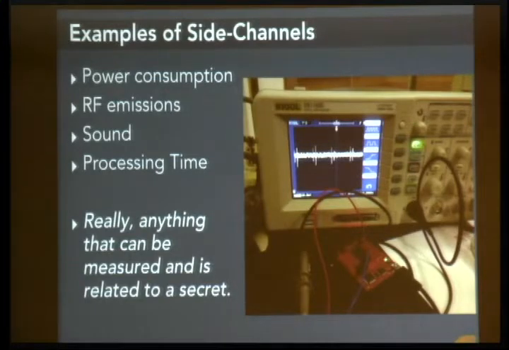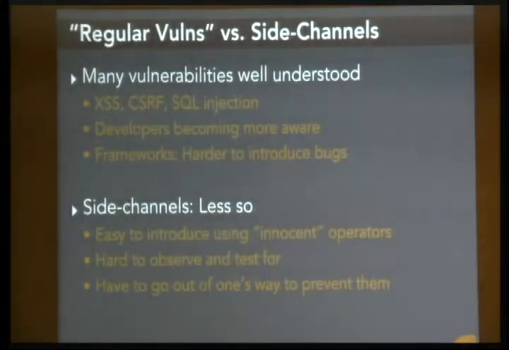So in our setting for time, depending on what data is being used or what the system does, it may take a longer or a shorter time to respond to a certain input. If you compare this to regular vulnerabilities, cross-site scripting, buffer overflows, things like that, these are really well understood, and we have a pretty good grasp on how they come about and how to prevent them. There are frameworks now which make it much less likely to introduce those in software.